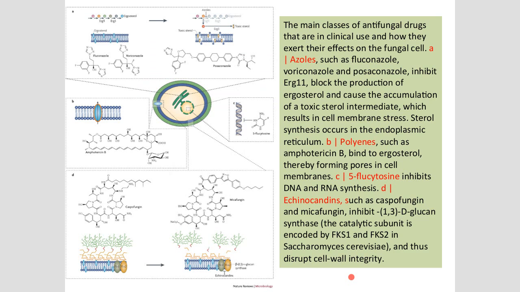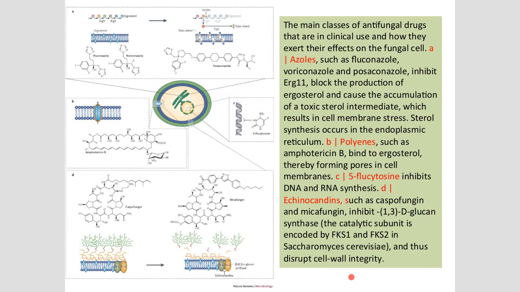One of the first classes, A, is azole, and these are the names, like fluconazole. I'm pretty sure that you are familiar with all these drugs, over the counter and even prescription drugs. If you remember, we talked about the production of ergosterol instead of cholesterol in fungi, and these drugs block the production of ergosterol.